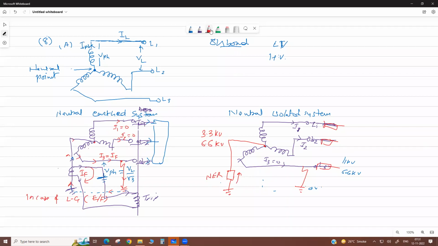Suppose a fault occurs, then it again makes a circuit.